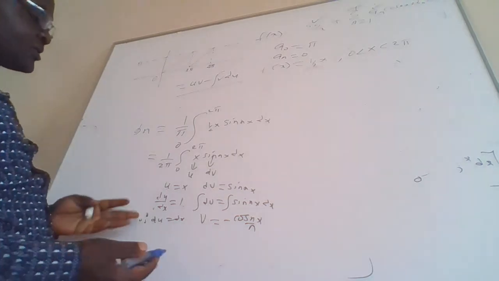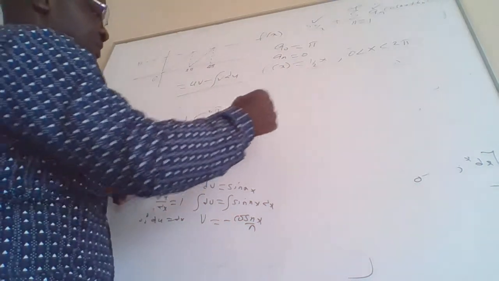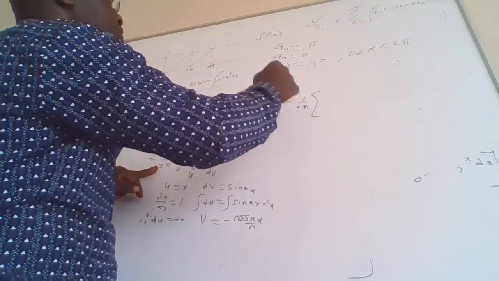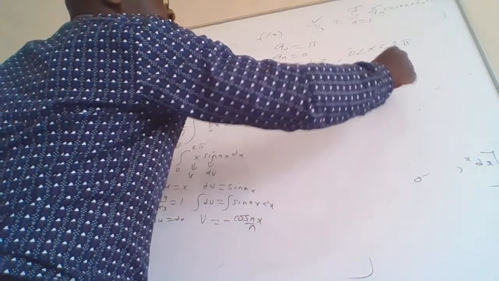Therefore, once we have this, we apply integration by parts. So we shall say that this equals to 1 all over 2 pi into uv minus integral of v du.